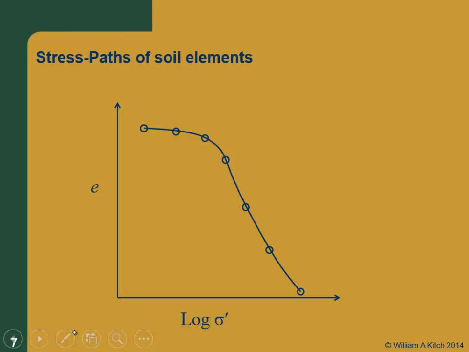So let's look at what's happening in our E log P curve. If this is an E log P curve, and we're starting at this point and going to this point, every element of soil within that layer is going to follow a different stress path to get down to the next point.